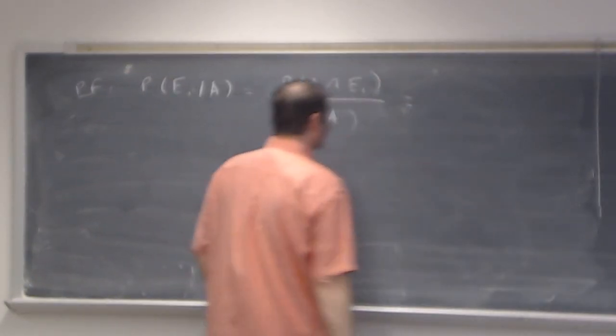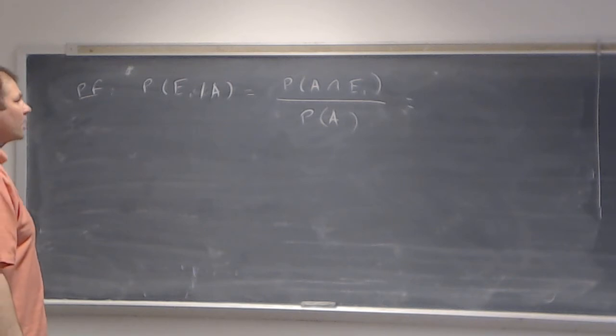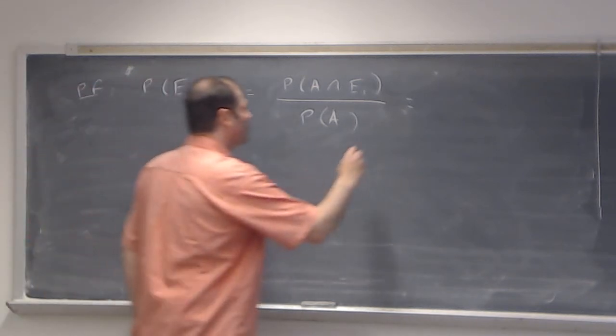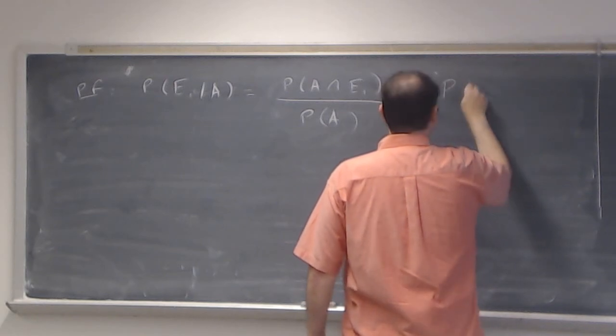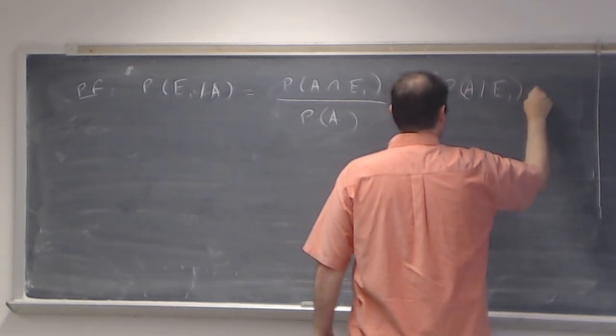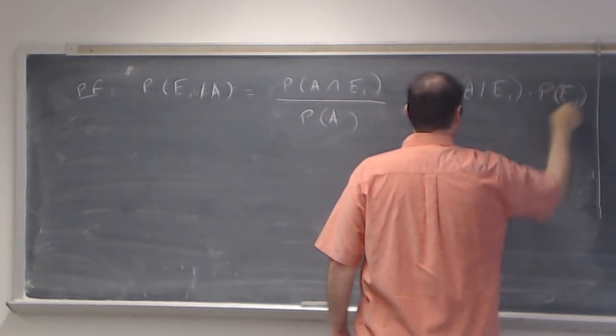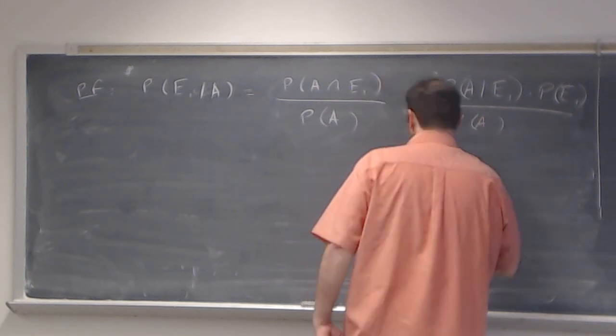The statement is written correctly. Now, the top can be rewritten as the probability of A given E1 times the probability of E1. And now at the bottom, I'll leave alone, just the probability of A.